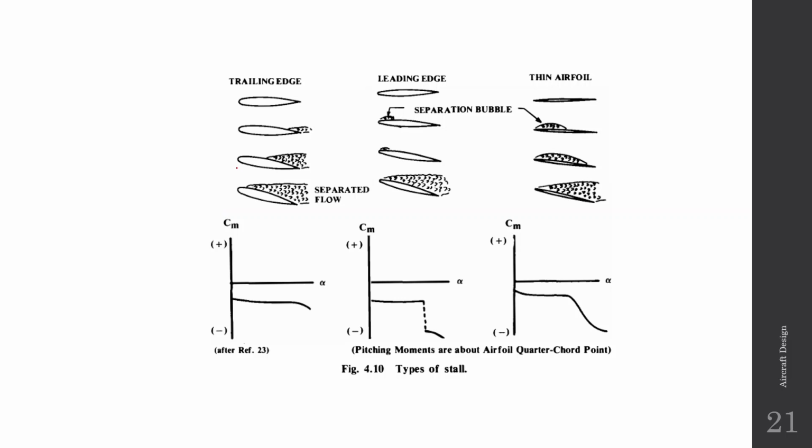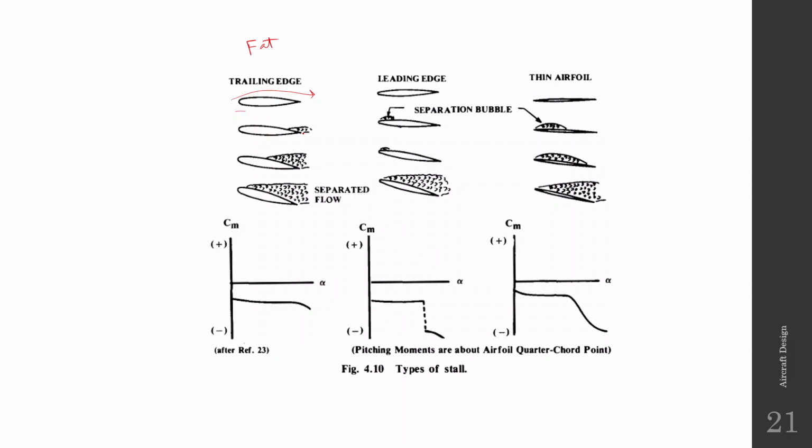So these are some diagrams. The first one is your fat aerofoil. So you can see that in normal conditions the flow doesn't separate. It moves smoothly above and below the aerofoil.